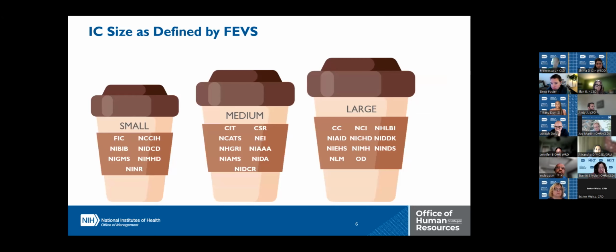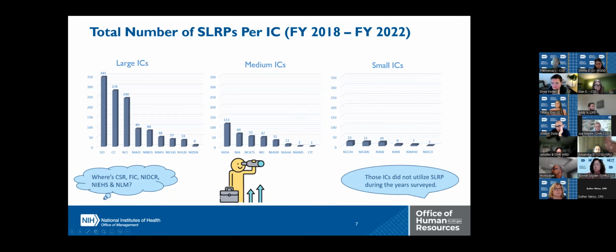So first, we analyzed data by IC. Due to the variance of IC size, we broke down NIH ICs into 3 categories as defined by the Federal Employee Viewpoint Survey, FEVS. Next slide. It was important to compare like to like. This shows the total number of SLRPs from fiscal year 18 through fiscal year 2022 by ICs, and OD gave the most.